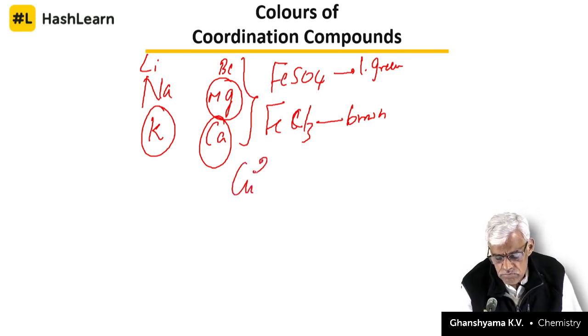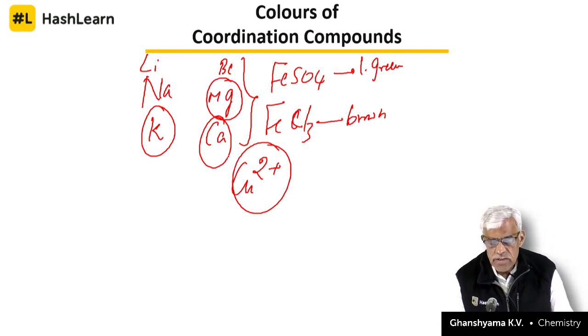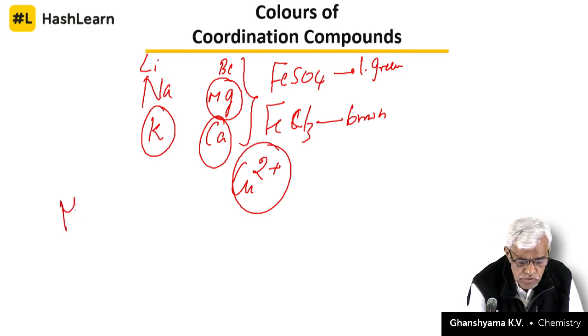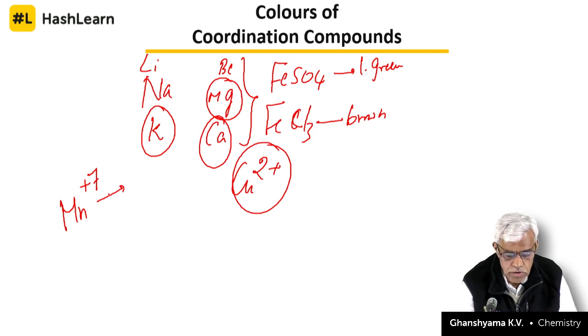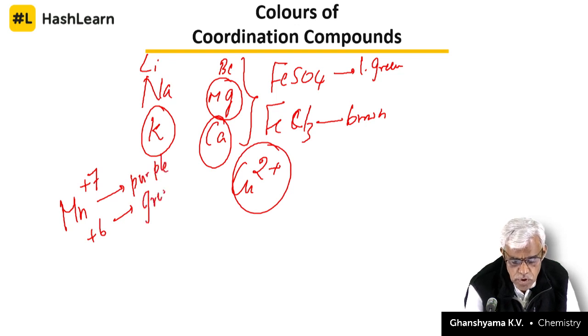Copper ion is blue in color. Manganese, a transition metal, Mn+7 is purple. Mn+6 is green. This is purple. This is green. +4 is brown.